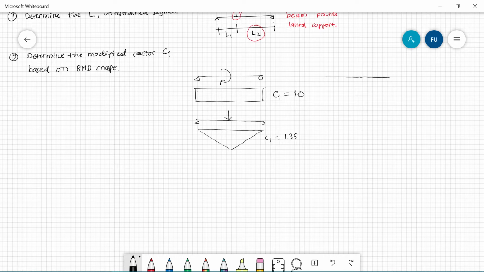So when a point load is applied on a simply supported beam, and there is a secondary beam introduced at the point where the point load is applied, the bending moment diagram will be in this shape.